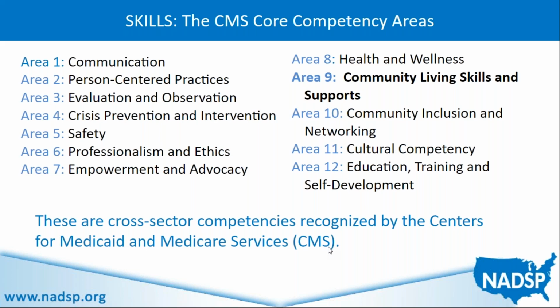The other major difference is that these are designed to be cross-sector competencies, meaning they should apply equally well to any type of human services, whether you're supporting people with intellectual and developmental disabilities, brain injuries, or people who are aging.